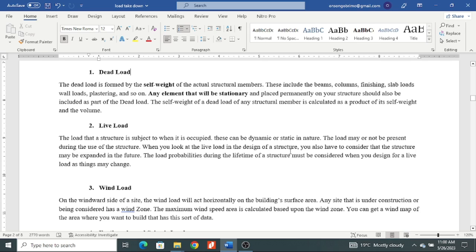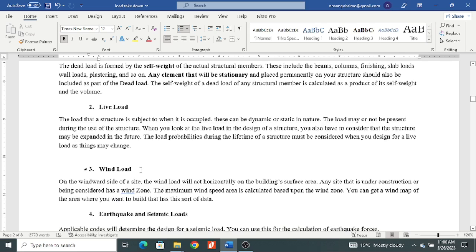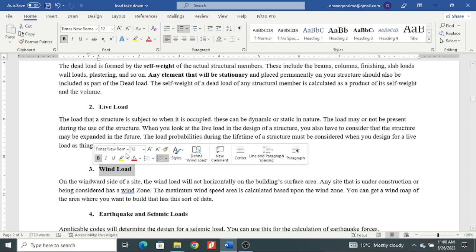And the codes have given guidelines on how these loads are combined. Next is wind load. Wind load is a type of live load that comes as a result of the horizontal action of wind in an area due to the building's surface area.